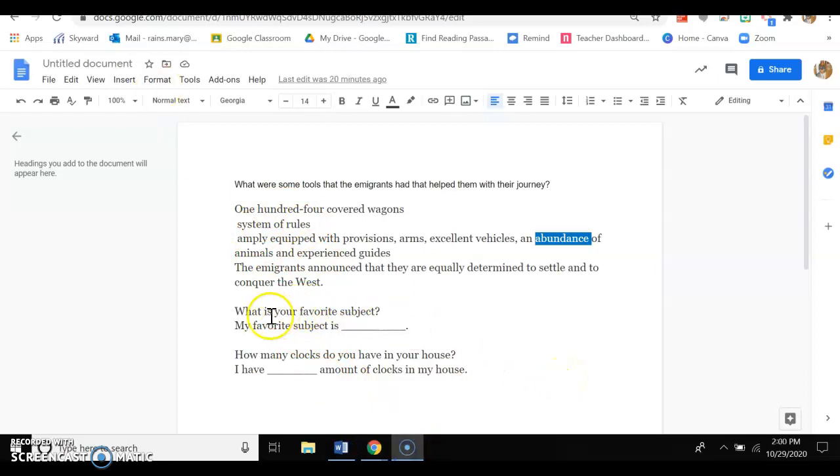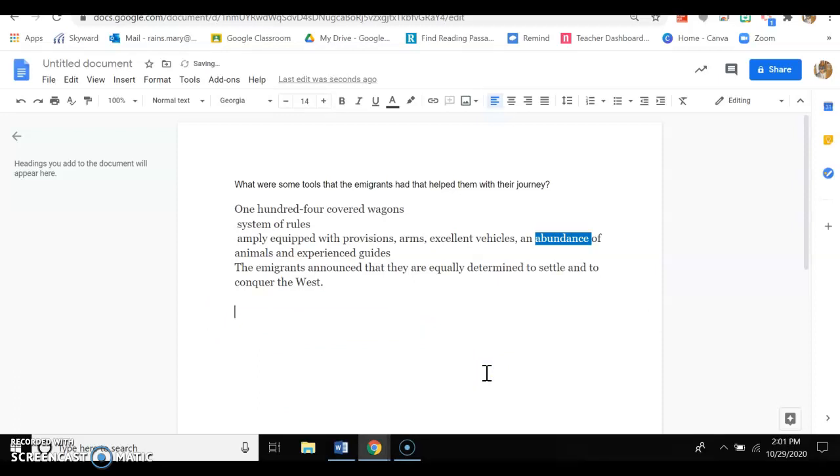Okay, so I'm going to go ahead and erase this stuff because we don't actually need that for this article, but just so that you guys now remember how to restate and answer, we're going to restate and answer this question. So what were some tools that the immigrants had that helped them on their journey?